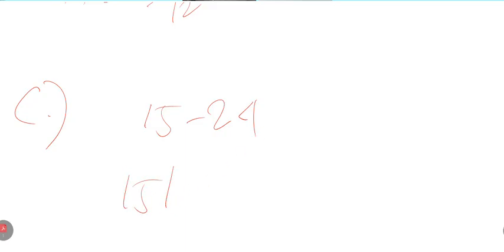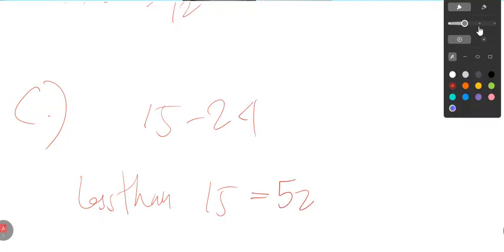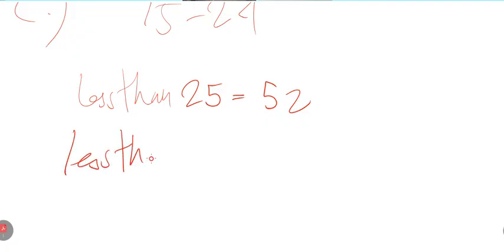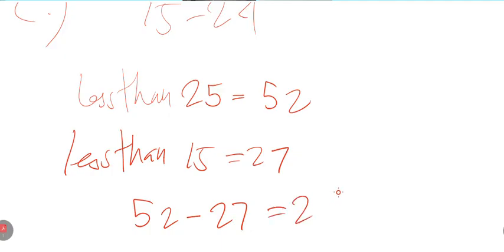Less than 25 is equal to 52, and less than 15, which is the x, equals 27. So 52 minus 27 is 25 students.